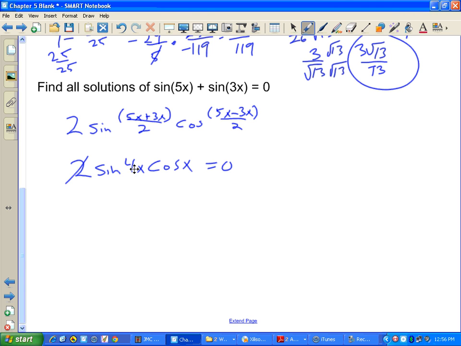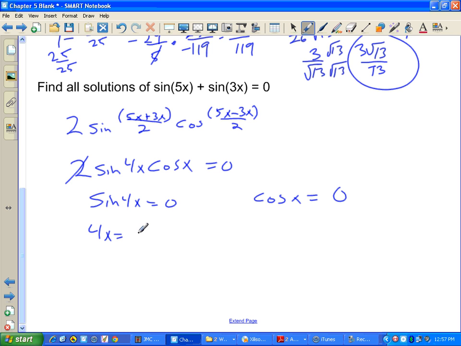I can divide the 2 away, and now I've got something times something equals 0. So either this equals 0, or this equals 0. And since they didn't give me a range, I need to know all the possibilities. So I'm going to have to do that n pi thing. So I'm going to take the sine inverse of both sides, okay, and that's going to give me 4x equals the sine inverse of 0.